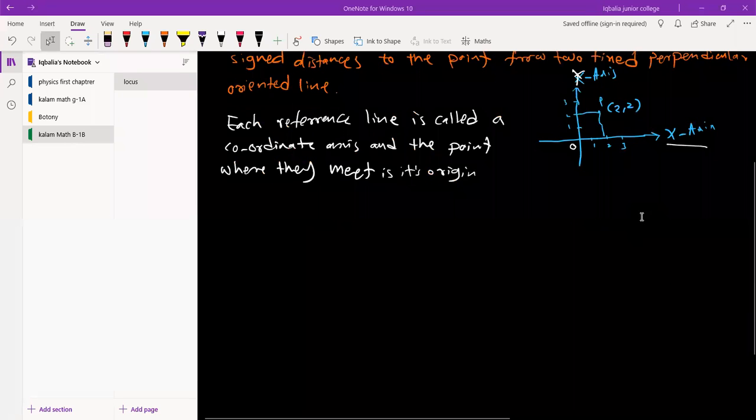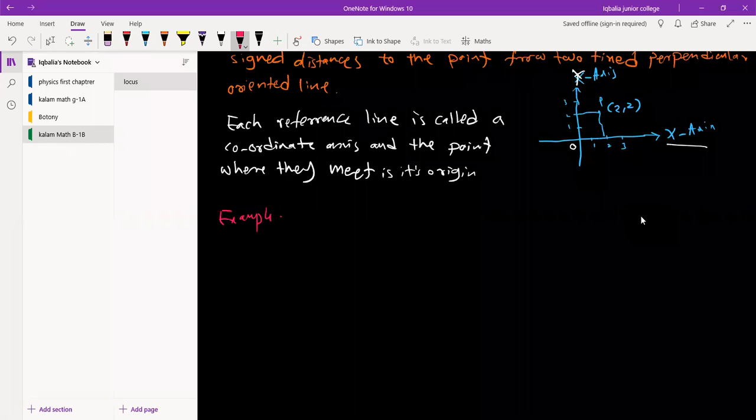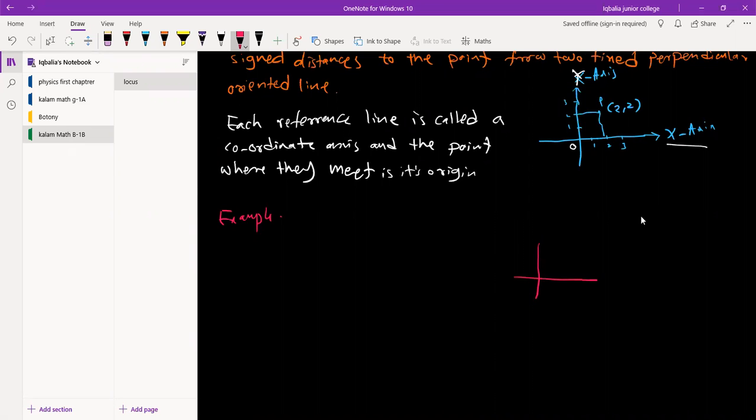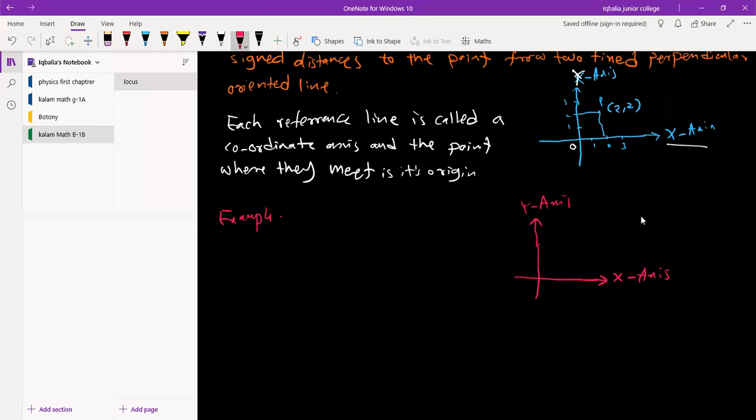Now, suppose I am taking an example using Cartesian coordinates. Suppose I have a coordinate system, and in the coordinate system this is called the y-axis and this is called the x-axis.